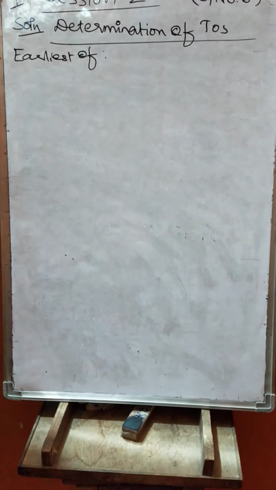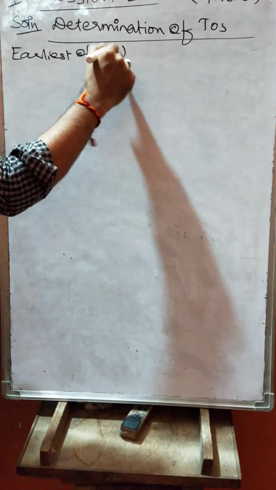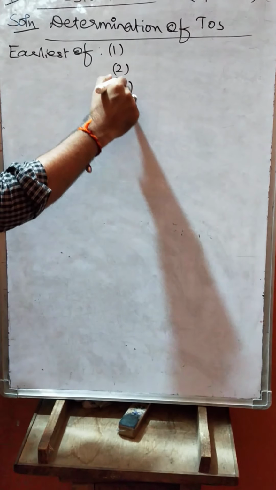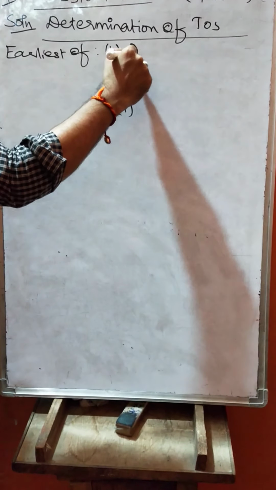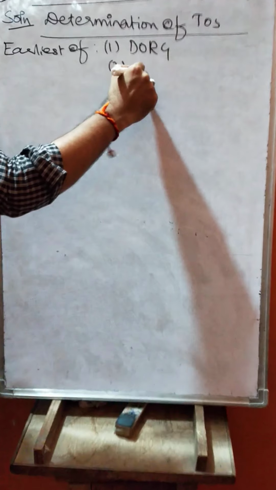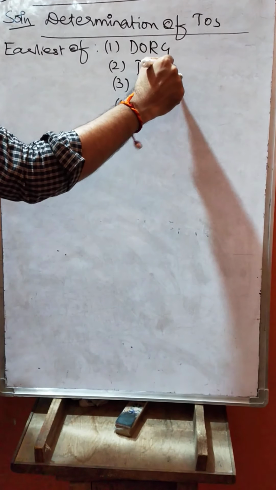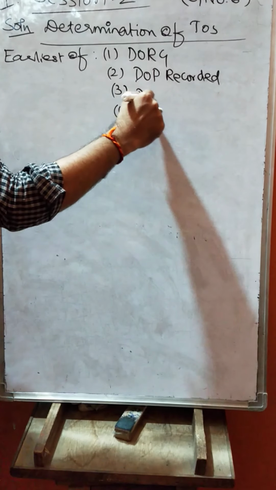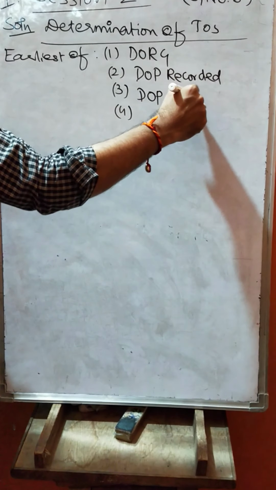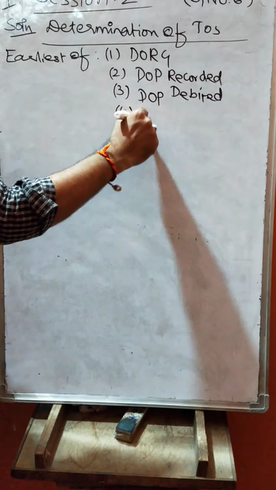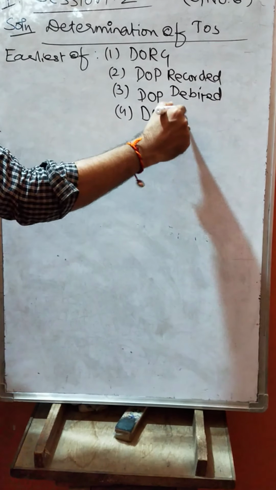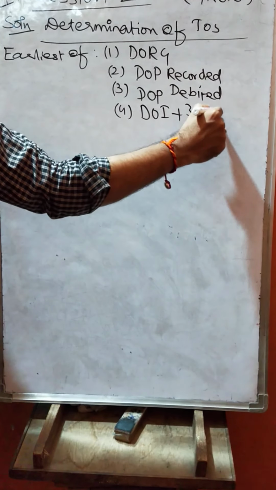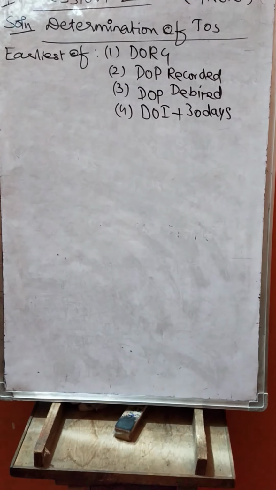Earliest of 4 dates. Which 4 dates we need? One is date of receipt of goods, date of payment recorded, date of payment debited, then date of invoice, then 30 days or 1 month. That will not make any difference.